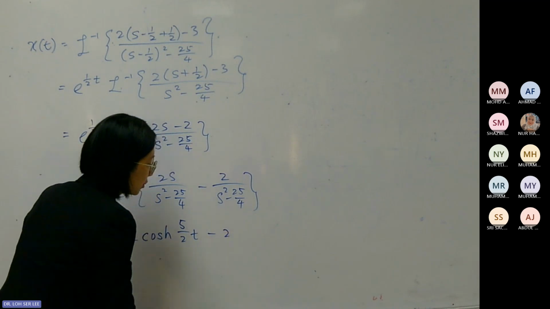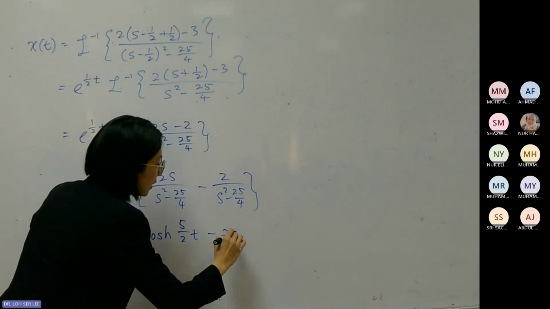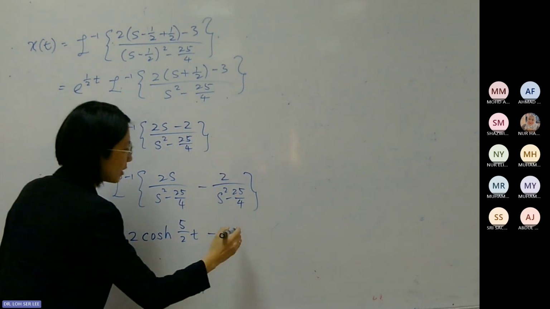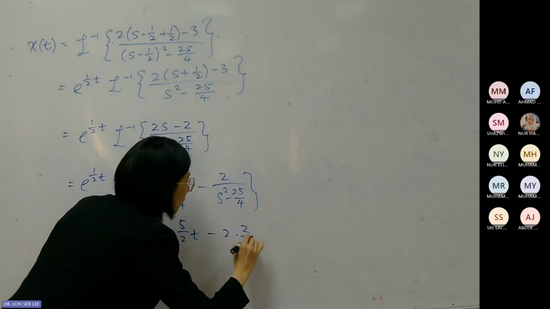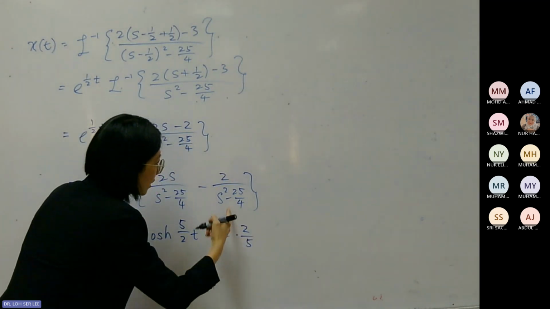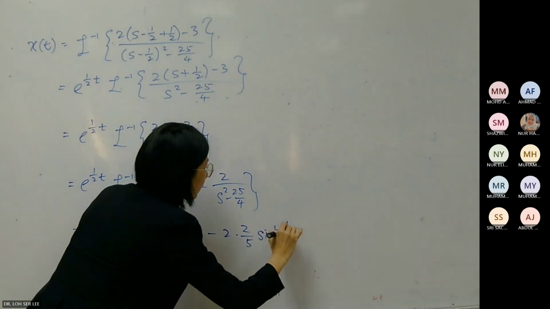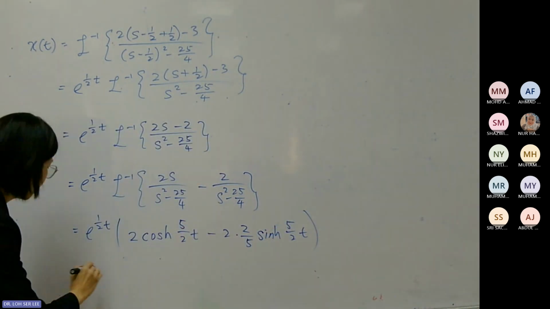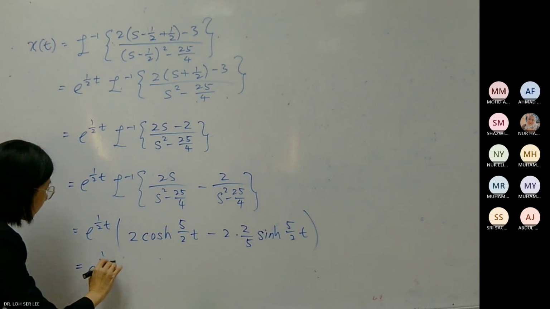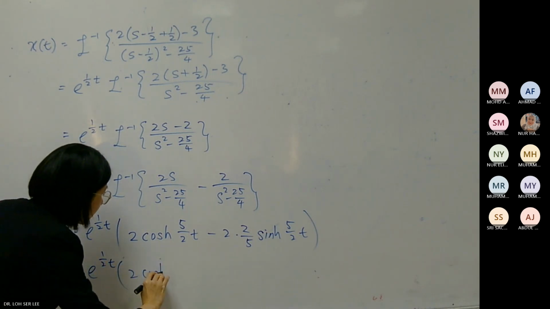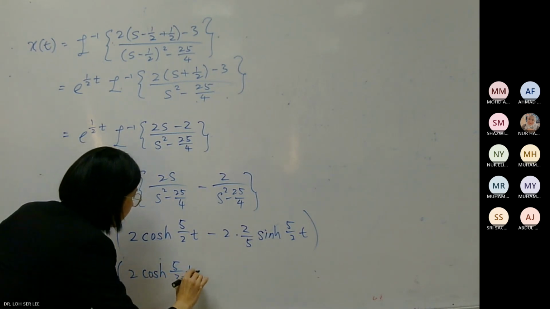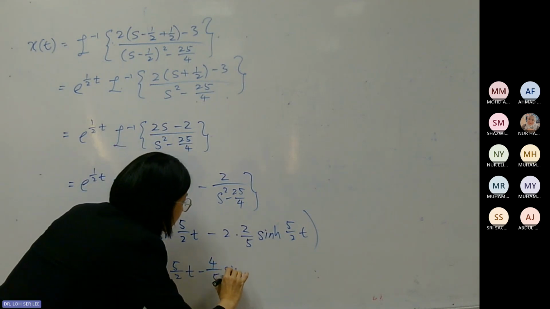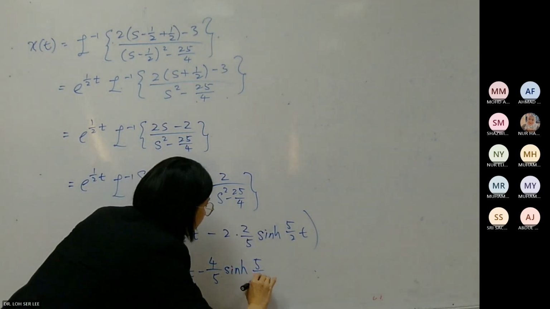Factorize the 2, and then you need the 5/2 here. Insert the 5/2, and outside will be 2/5. This will be hypersine 5/2 t. Meaning that this is 4/5. And give the answer directly 4/5 if you are able to see it through.